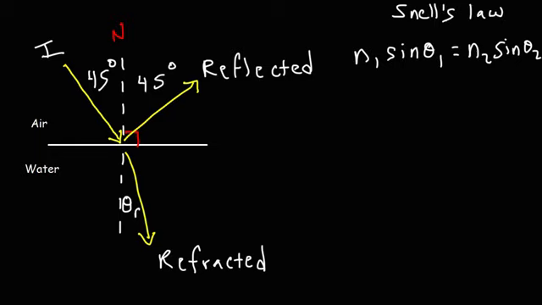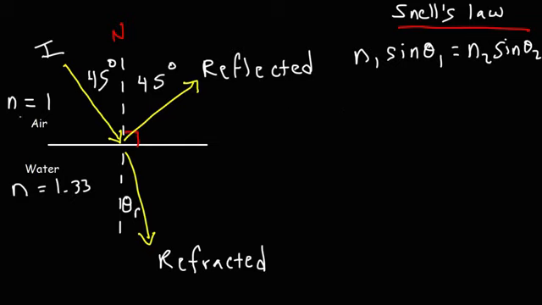It can help us to calculate the angle of refraction or the index of refraction. The index of refraction for air is approximately 1. For a pure vacuum where there's no molecules in the air, it's exactly 1. The index of refraction for water is 1.33. So with this information, we can calculate the angle of refraction.